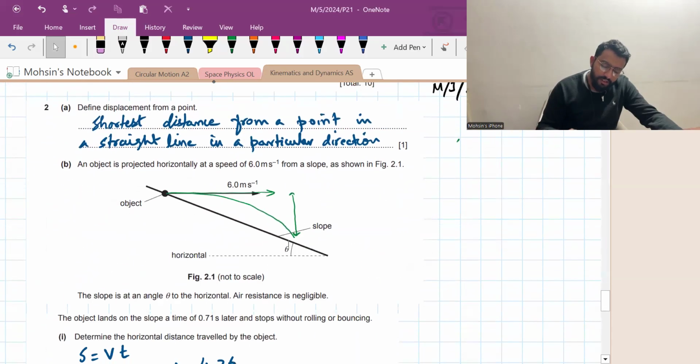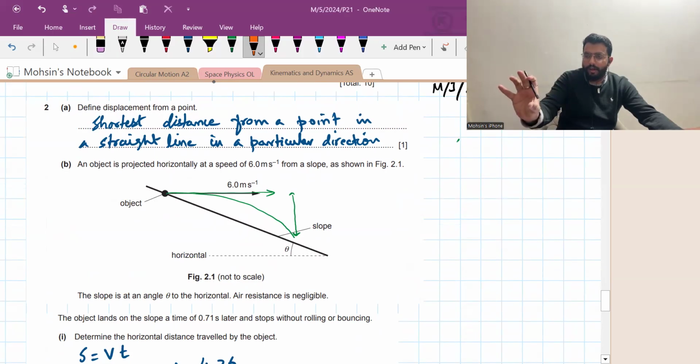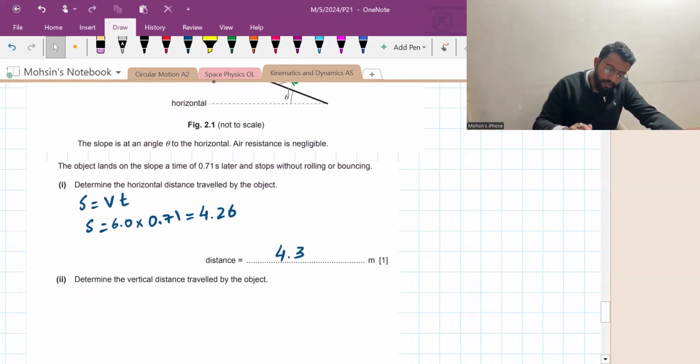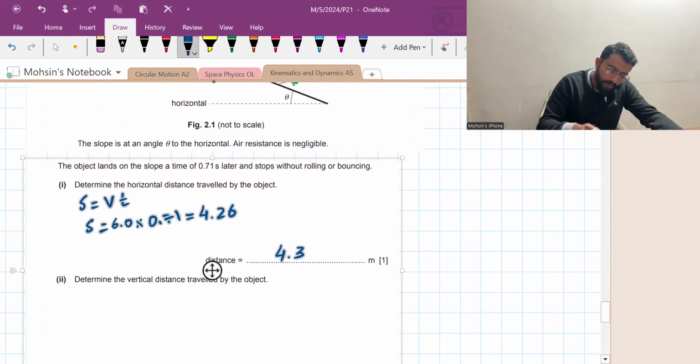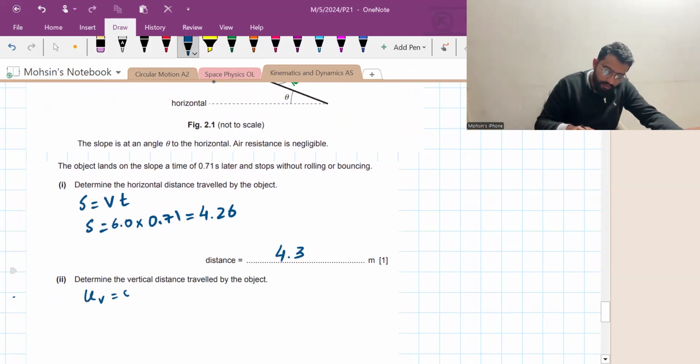Initially, we can see here that at the time they are throwing it, they have thrown it in the horizontal direction, so in the vertical plane, the initial velocity is zero. Vertical distance is required.